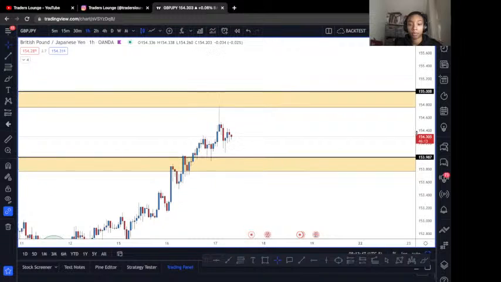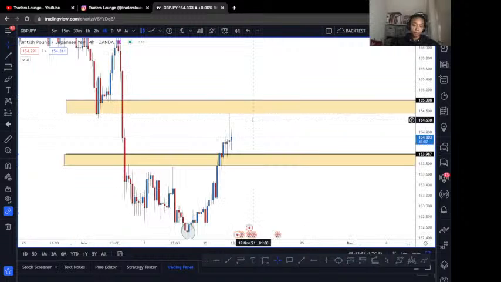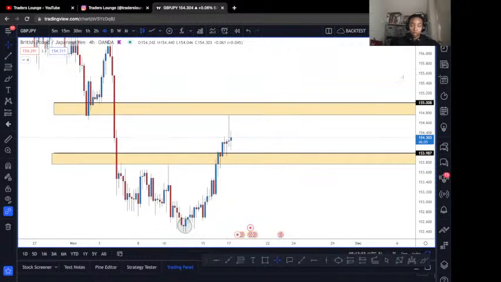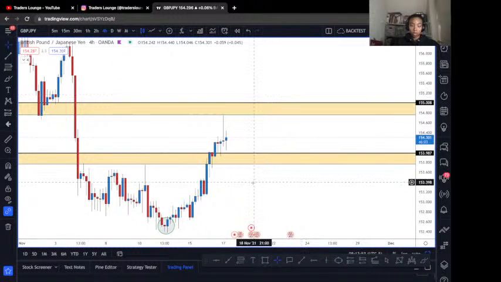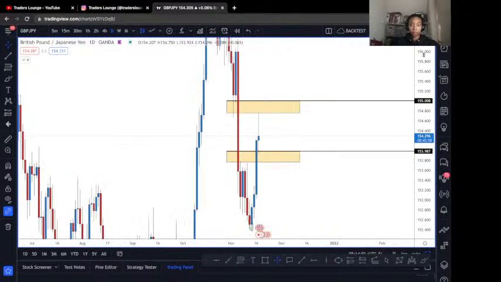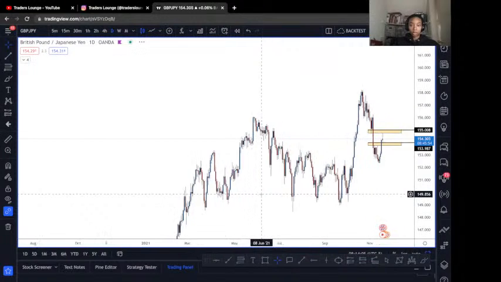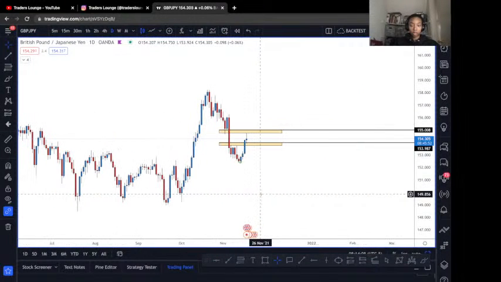As you can see right now, GJ is in between these two zones that I'm looking at. So are we in an uptrend or downtrend? On the daily, it looks like we're in an uptrend.